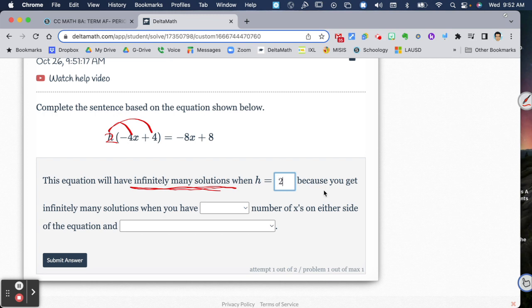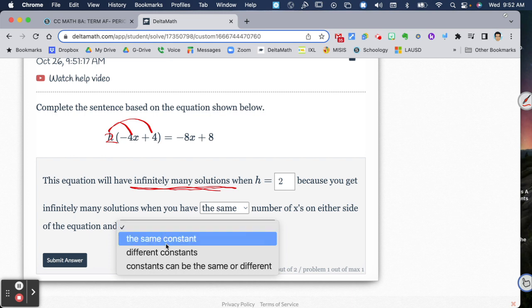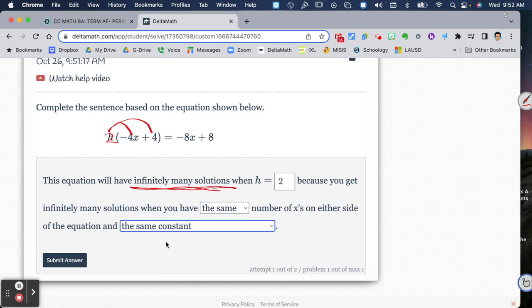Two. Because you get infinitely many solutions when you have the same number of x's on either side. And how about the constants? The same. So you have to think a little bit ahead in level 2. That's all. What do I get after I distribute? Let's try it out.